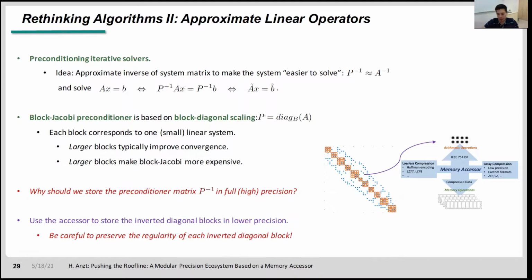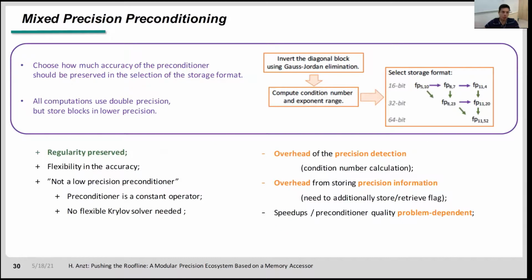So I have to be a little careful, and that is exactly what we do. So we look at each of the diagonal blocks, we check the condition number, and we check the exponent range, and then depending on these properties, we select a storage format that is suitable for that specific block. Might be different for other blocks in the same matrix.